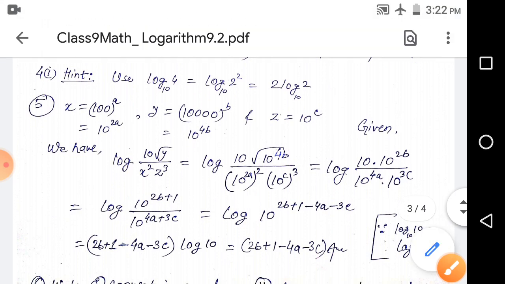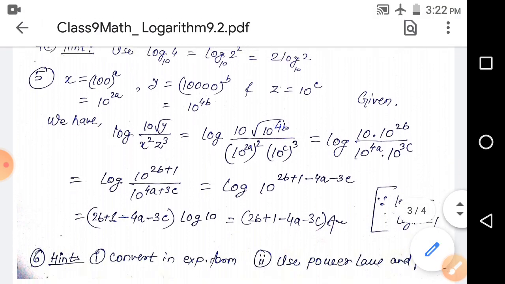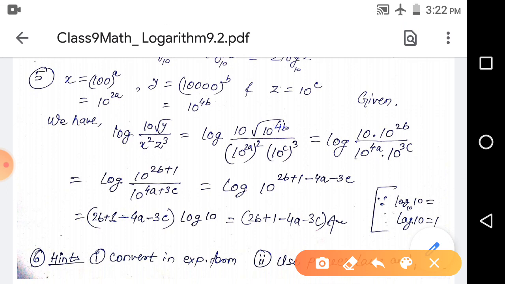In question number 5 we have the condition x equals 100 to the power a. 100 means 10 square, so we can write 10 to the power 2a. Again we have y equals 10 to the power 4b, and z is equal to 10 to the power c.